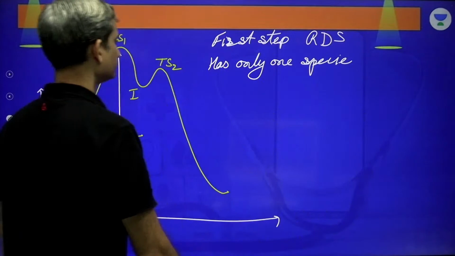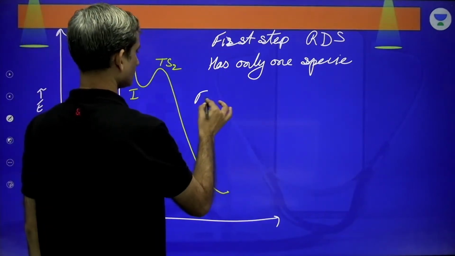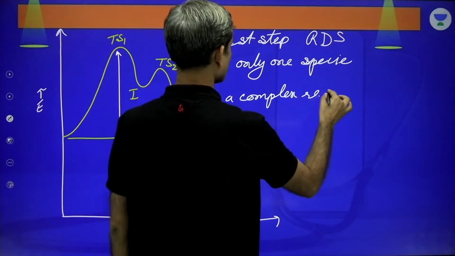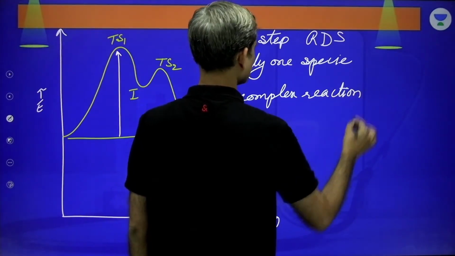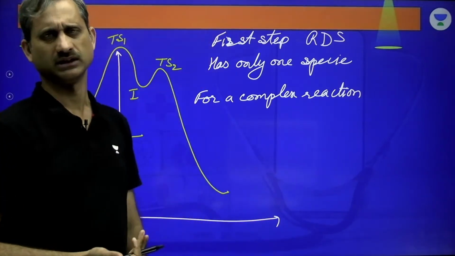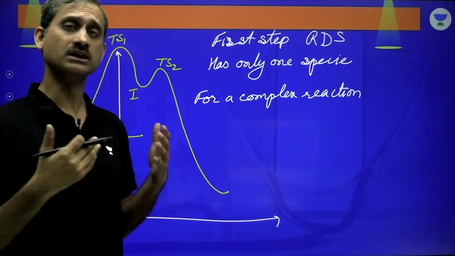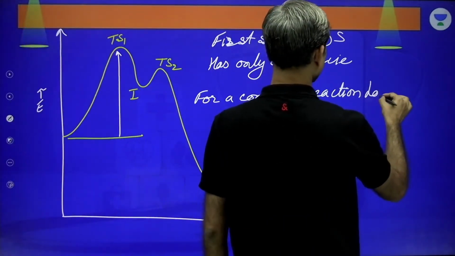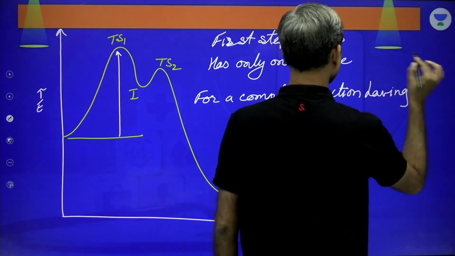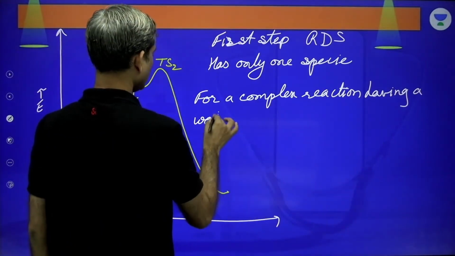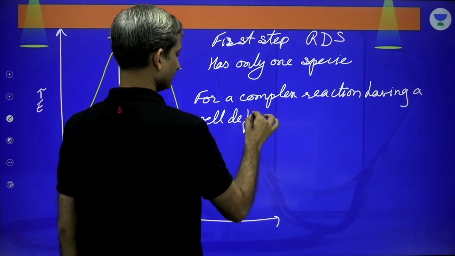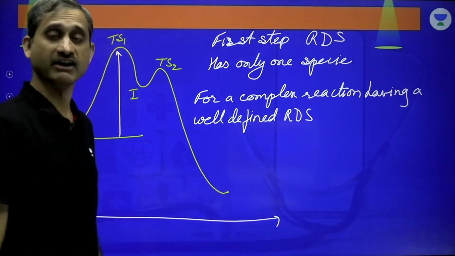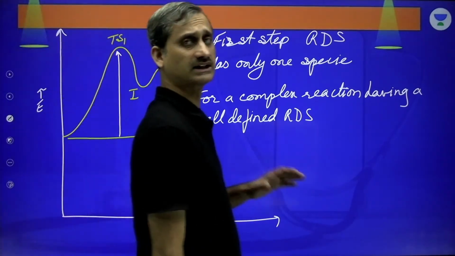Now, for a complex reaction, as such, molecularity has no meaning. There is no molecularity of the complex reaction. But for a complex reaction having a well defined RDS, every reaction is not going to have a well defined rate determining step.